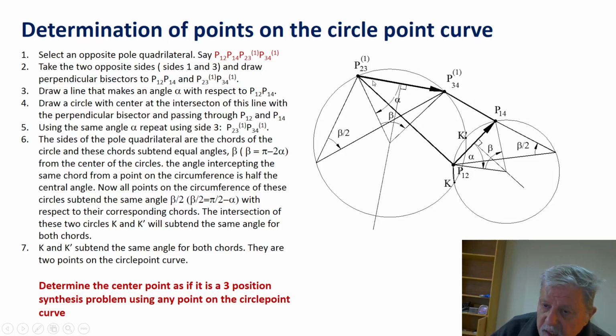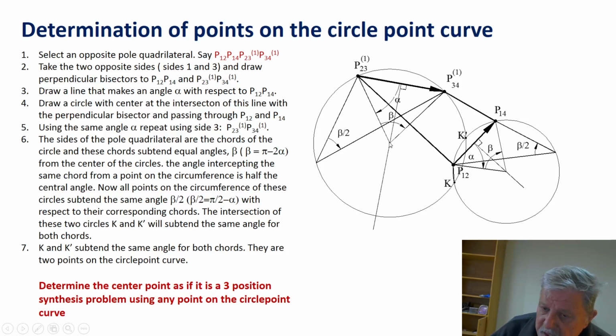It is from, so this is side 1, 2 to 4. You have to go from 2 to 4, measure angle alpha in the counterclockwise direction, the same as this angle alpha. This is side P12, this is P23, this is side 3. Measure that angle alpha.